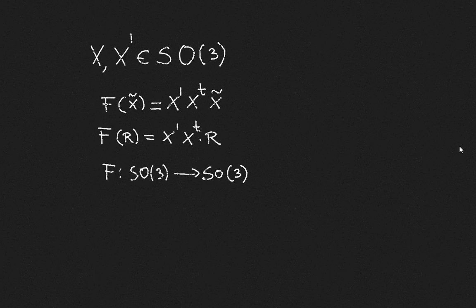Why is it important? It's sort of what happens on the sphere. If you consider the sphere and you take two points, you actually have a rotation that brings one point to the other and fixes the sphere.